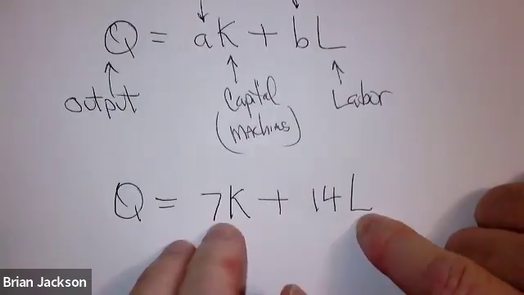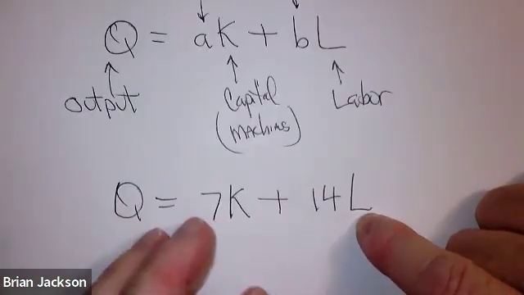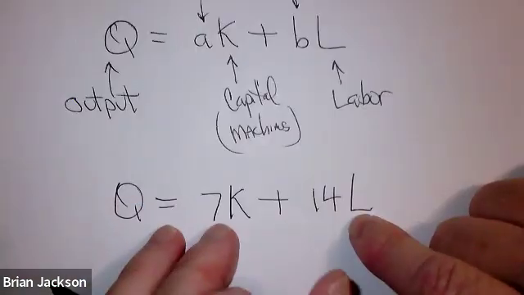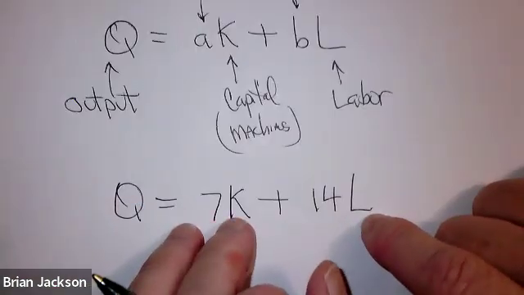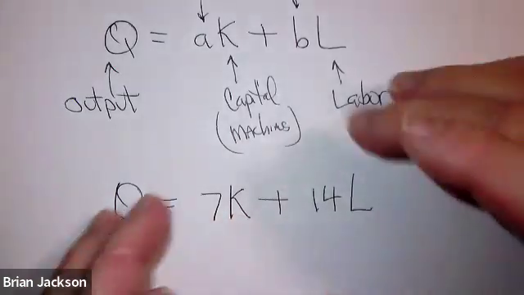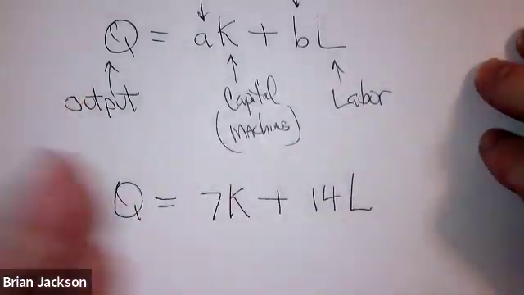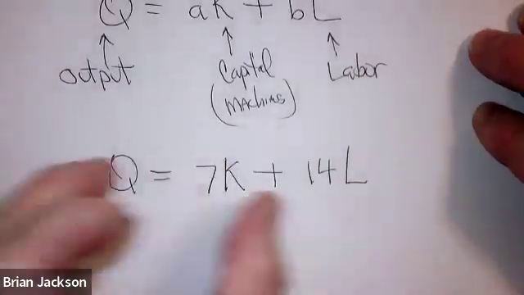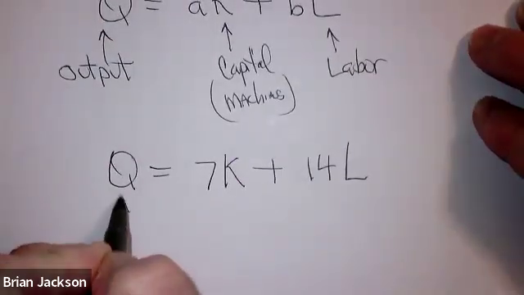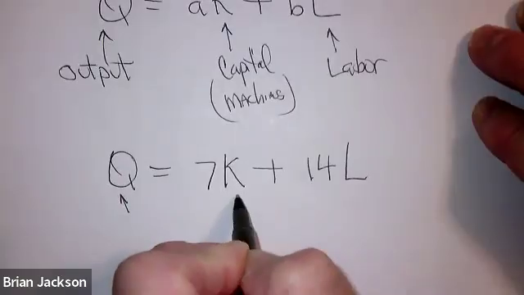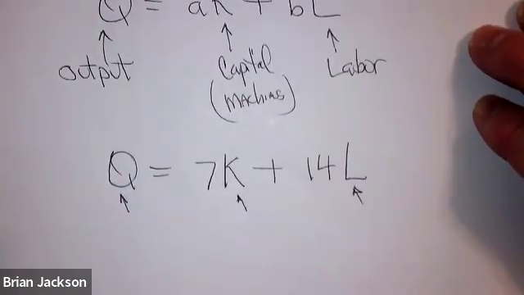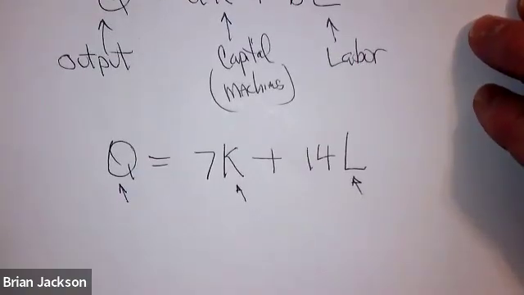This might be the environment you would have if you're producing tables and you need 2 workers for each machine or something like that. So if you have one machine, you need 2 workers and so forth. There seem to be some fixed proportions here, and your book talks about that a little bit. But the point I want to make is this is giving you output in terms of machines that you're using, in terms of labor or workers that you're using in a period of time.